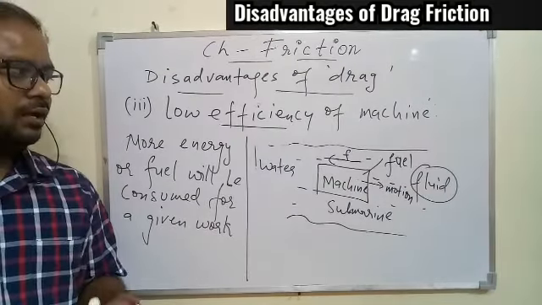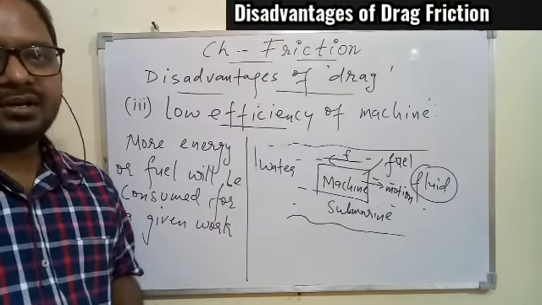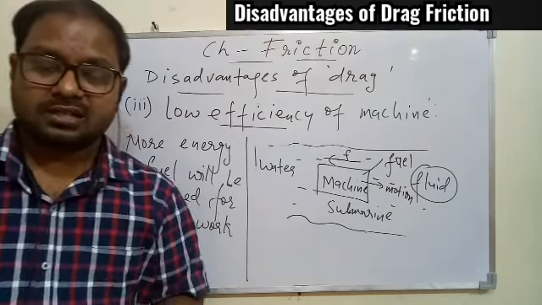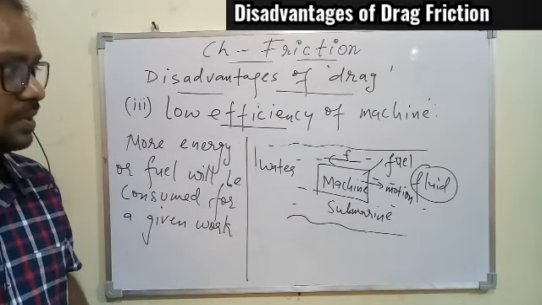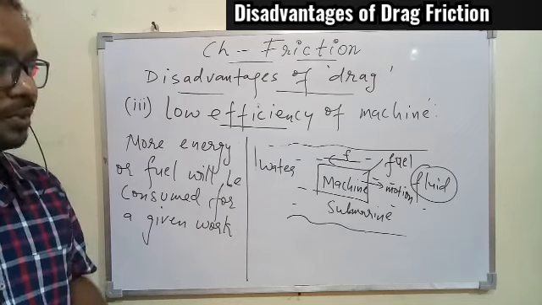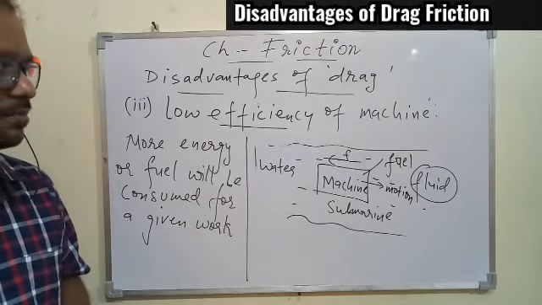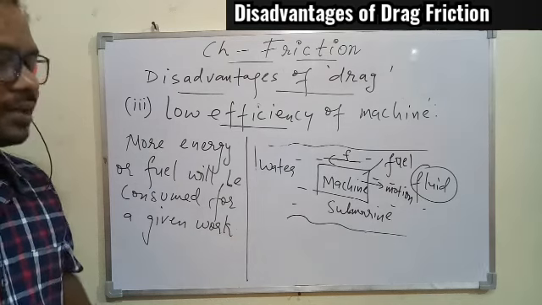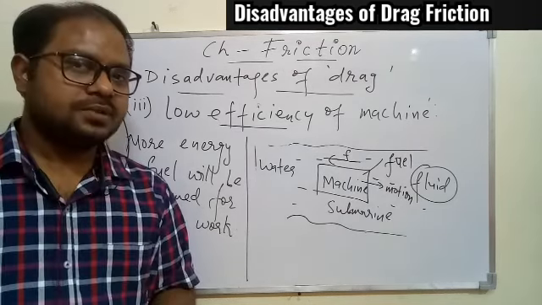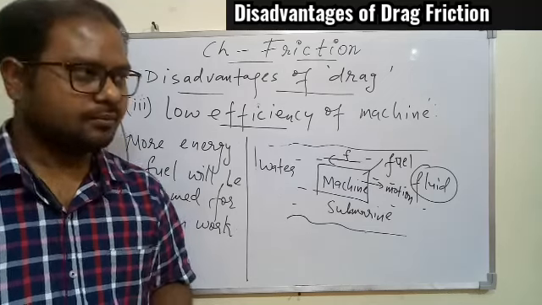So these are the three main disadvantages, but you can find more examples or disadvantages of drag friction, because there is no limitation of any topic in science. But I have given you three main concepts. First, because of the drag friction, the speed of any object within the fluid will decrease.